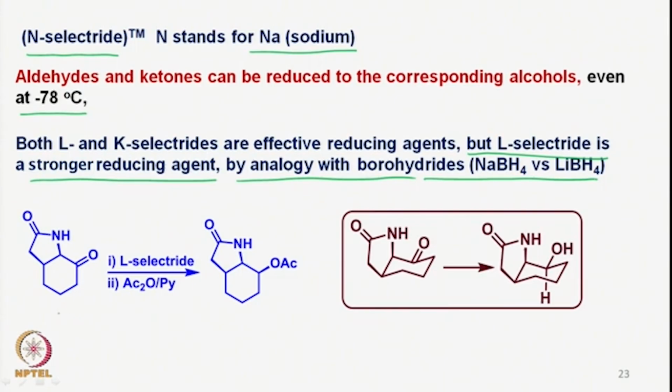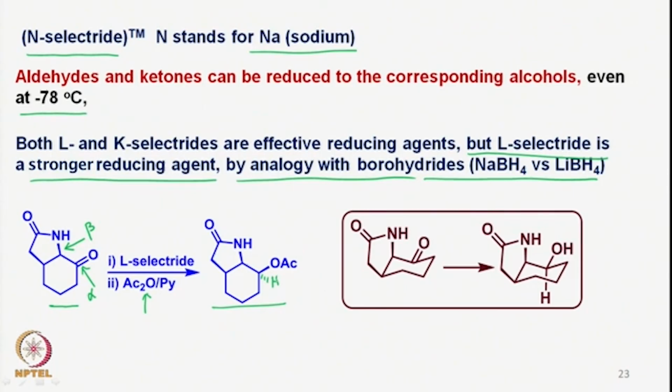Now we have two examples. If we take a reduction of this, which goes to the corresponding acetate after reduction and acetylation, as you can see the reduction occurs from the alpha side. That means this particular group being beta oriented, the alpha side is free and therefore hydrogen comes from the alpha side.